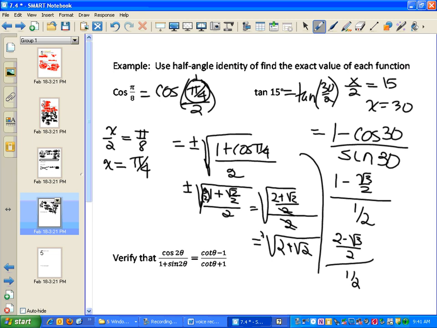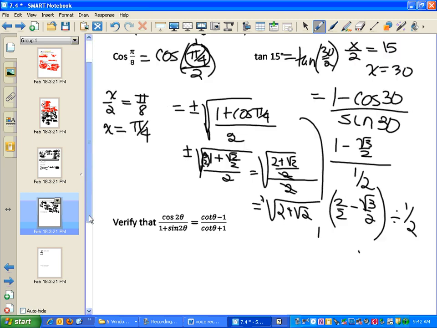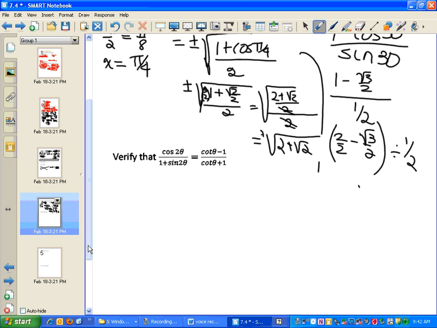You don't understand how I got a common denominator? Well, there's no root with this one. 1 is 2 over 2, right, Jade? I'm just getting a common denominator for my numerator. So 2 minus root 3 over 2 times 2 over 1 gives me 2 minus root 3.